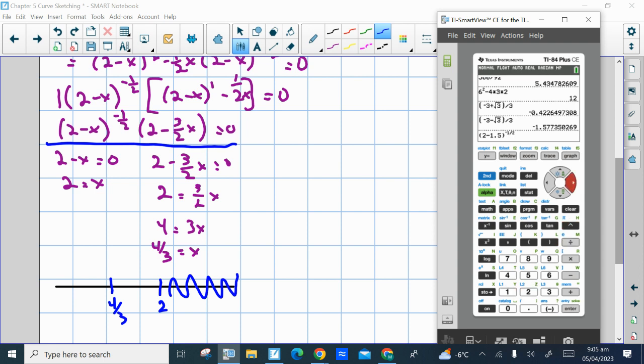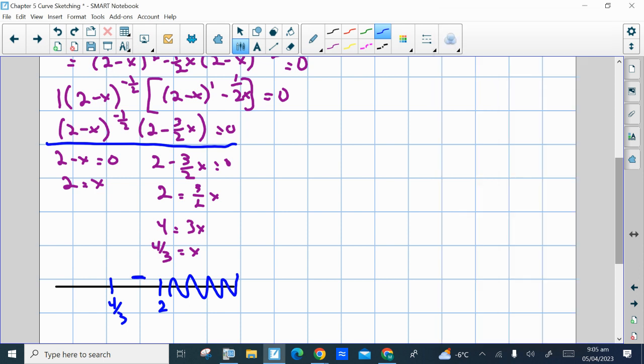And that's multiplied by 2 minus 3/2 times another 3/2, which will be 9/4. That gives us a negative value, which means that the graph is decreasing in that interval.